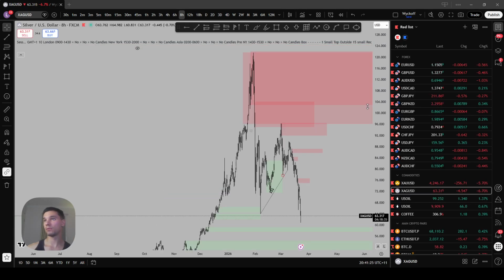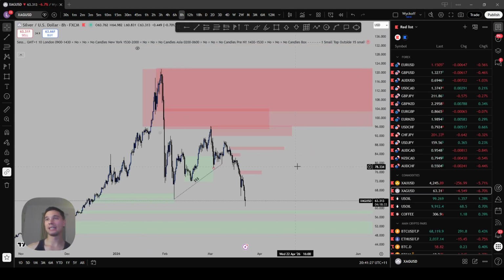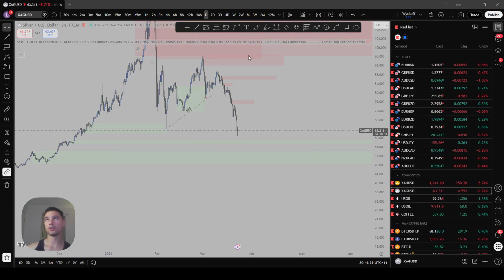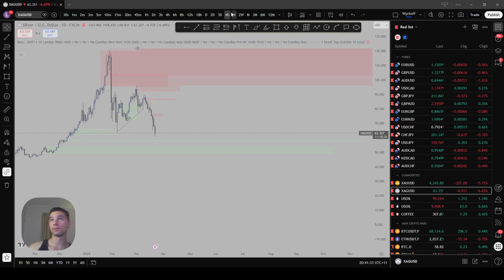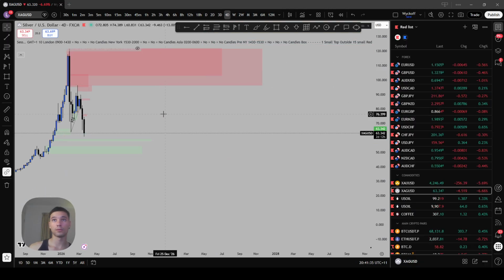Silver. Technically speaking, this is our range.